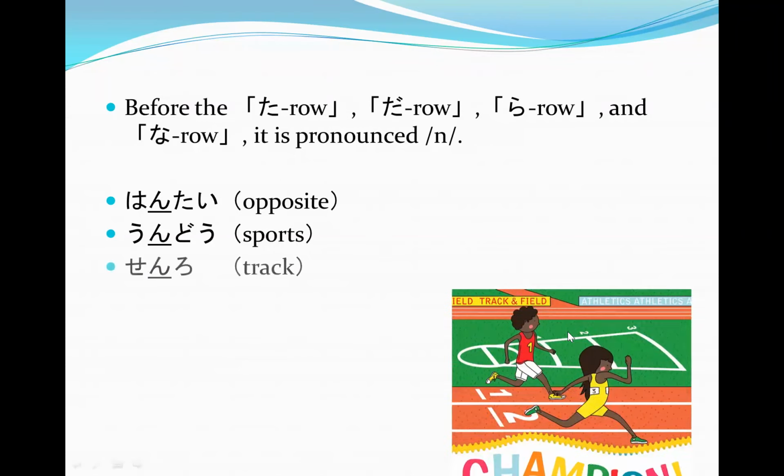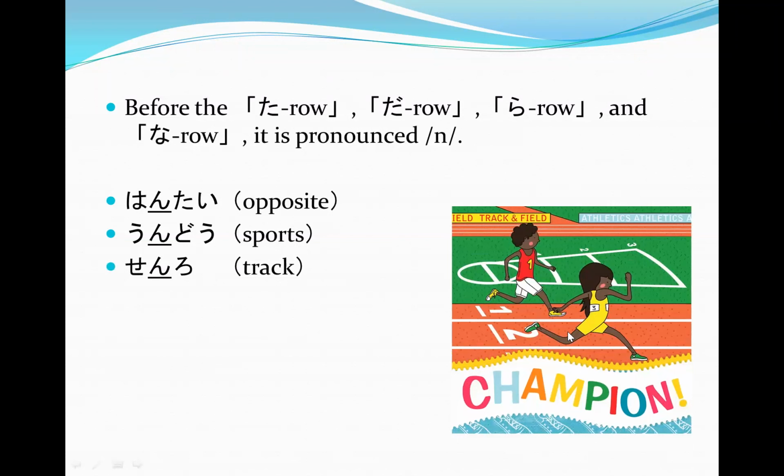Next example, we have senro, or track. Again, senro, track. "N" is pronounced as "n" in this word because it comes before the ro sound, which is under the ra row. Again, slowly, senro, track.